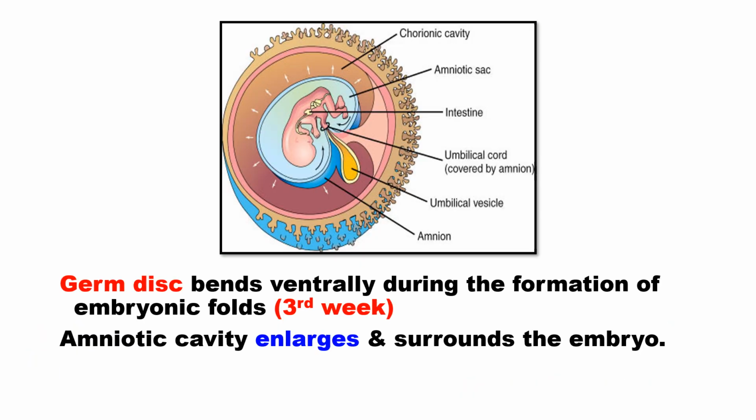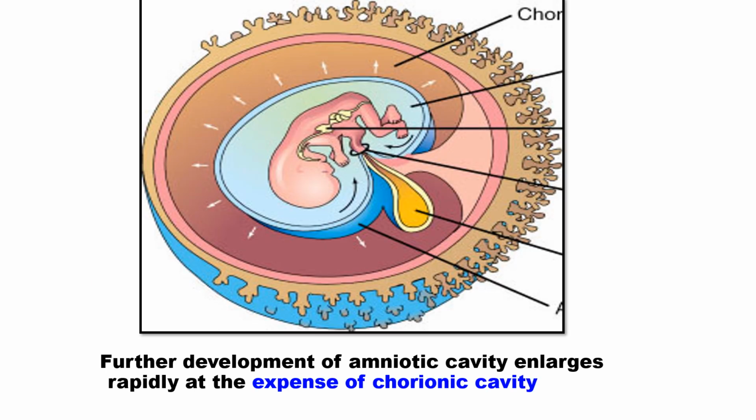As the germ disc bends ventrally during the formation of embryonic folds, that is the head fold, tail fold, and right and left lateral folds, which occur during the third week of intrauterine life, the amniotic cavity enlarges and surrounds the fetus.